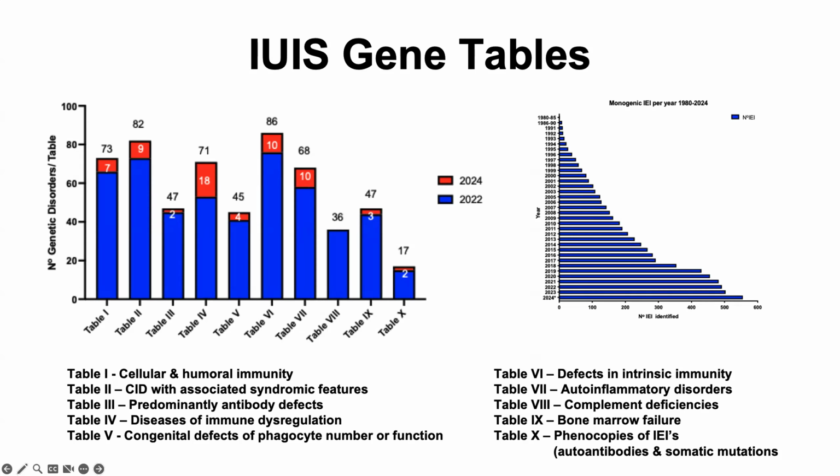And then we pull all those together and create a publication. The people in the field refer to it as the IUIS gene list publication. It's basically a catalog of all of the genes.